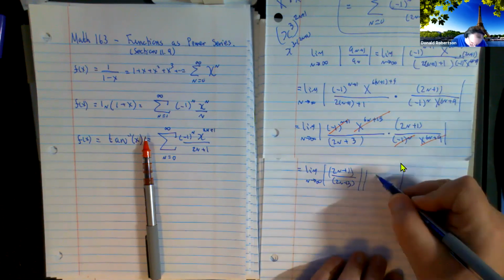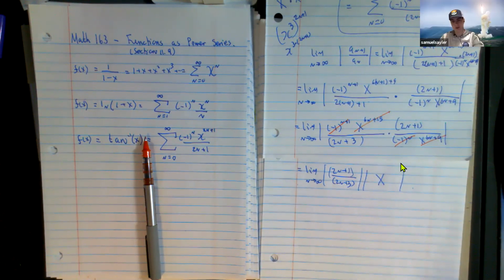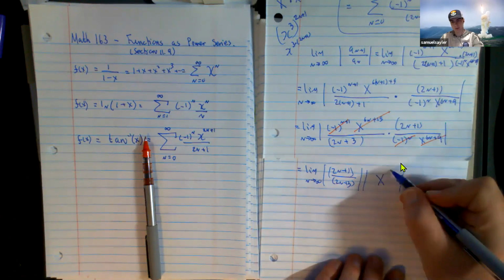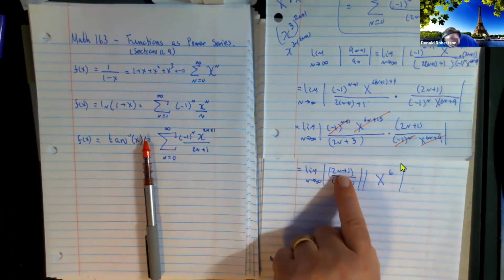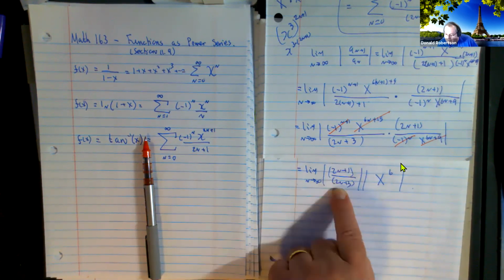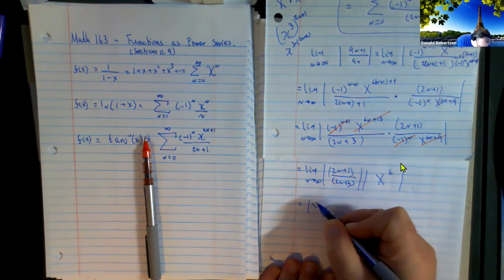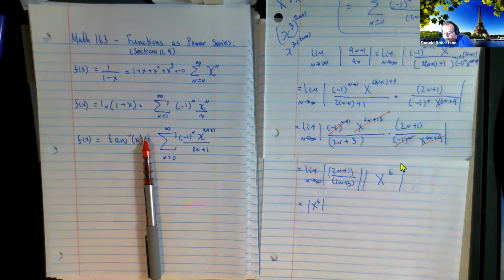What power of x is left over? X to the 6th. Yeah. Now, hopefully we've done enough n goes to infinity to realize that's just going to be 1. Agreed? Which means that we have a rather unusual answer that you don't typically expect to get.